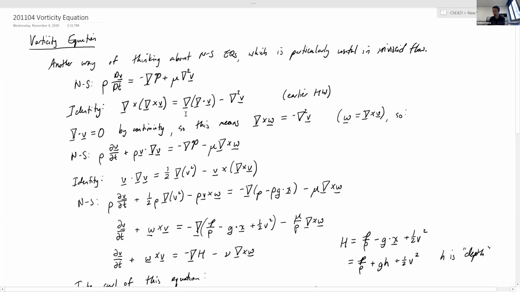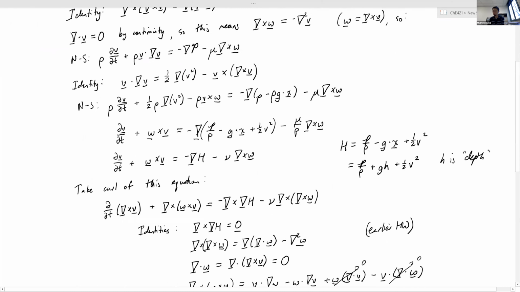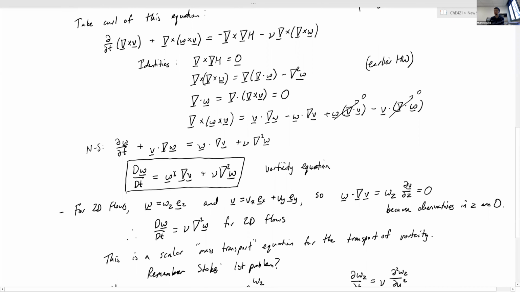One of these more recent identities you just derived for homework 6, right? And then through substituting it in and taking the curl, we achieved, directly as a consequence of the Navier-Stokes equation, an equation for vorticity.